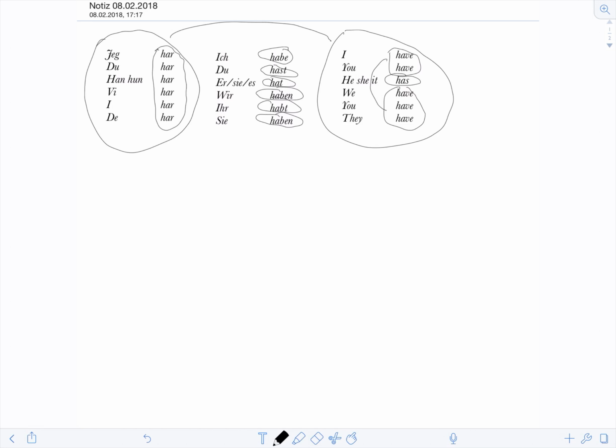In German, you have to remember, ich habe, du hast, er hat, wir haben, ihr habt. And that makes it much more difficult for a Dane to remember the inflections in German.